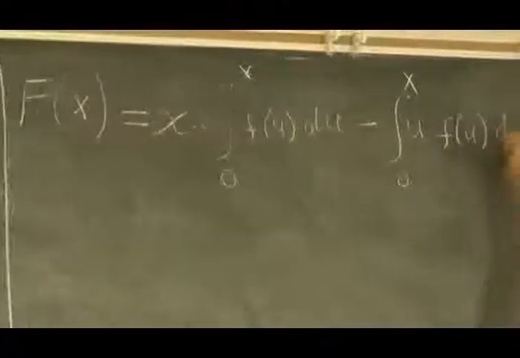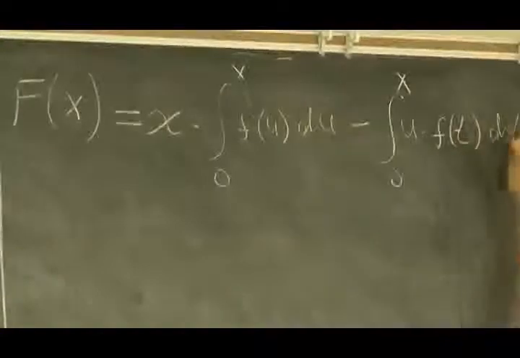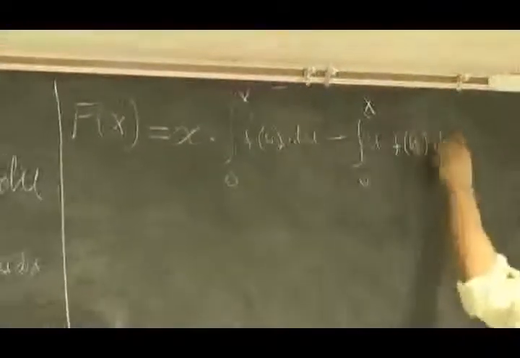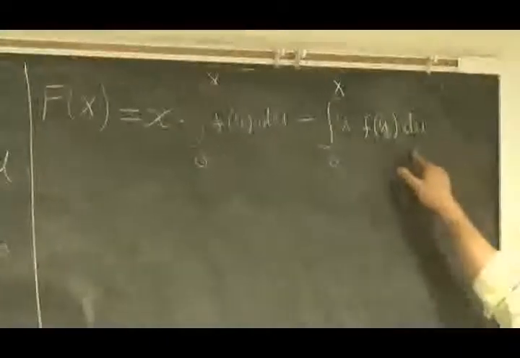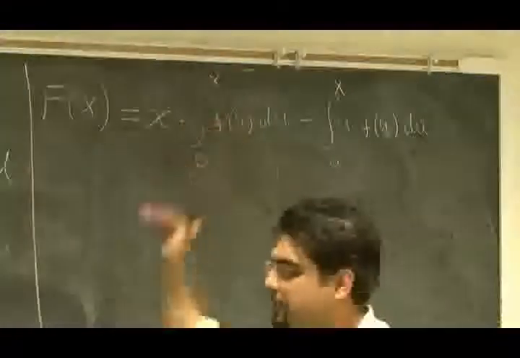However, we get uf of u du, right? But I couldn't pull this u out because it's the variable of integration. Okay. So anyway, we rewrote f. Great, now we have to show that f is equal to g.